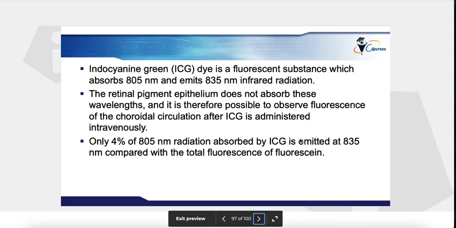So it is useful to observe the fluorescence of the choroidal circulation. This ICG is administered intravenously, as only 4% of the 805 nanometer radiation absorbed by the ICG is emitted at 835 nanometer compared with the total fluorescence of fluorescein.